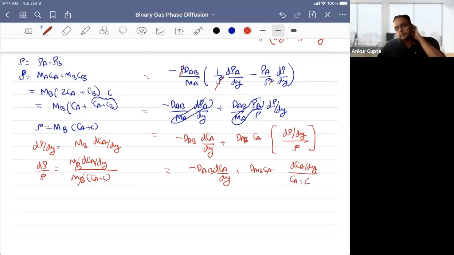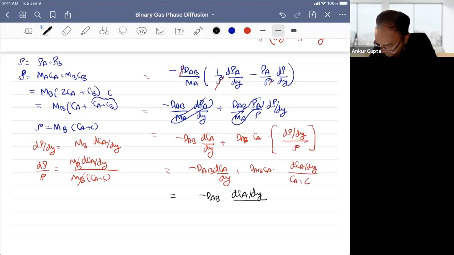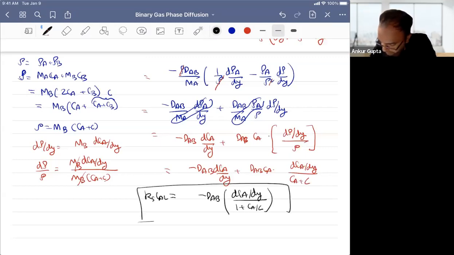Okay, and it's not too difficult. It just takes a second. If you just rearrange, this will become minus D_AB dc_A by dy by 1 plus c_A by c, equal to K_s c_A v, which is exactly the same as you got in the other examples. Okay, so that means the two approaches are the same.